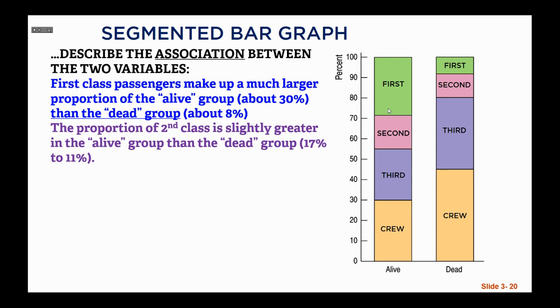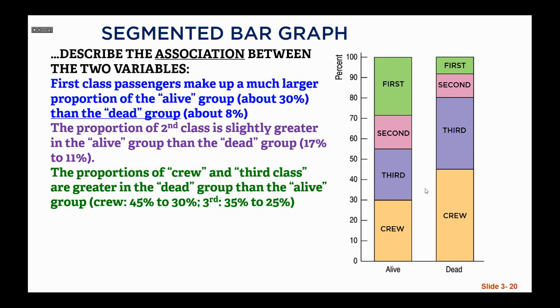Second class is slightly greater in the alive group, 17% to 11%, like 1.5 times as big. But then it flips. We have a higher proportion of third class that are deceased and a higher proportion of crew that is deceased.